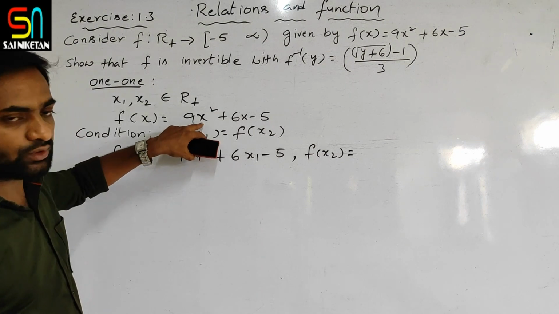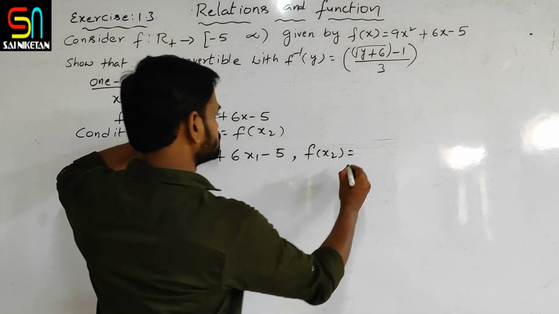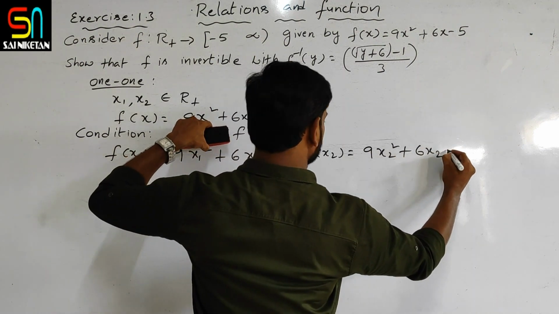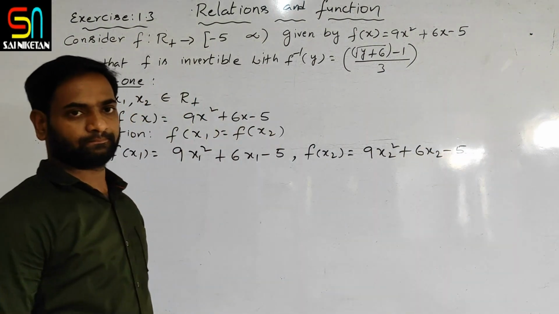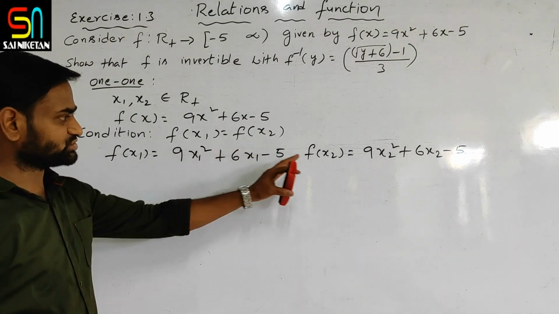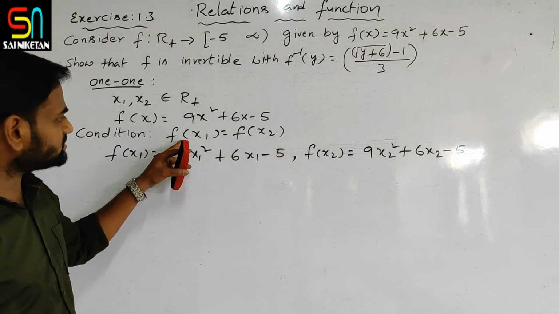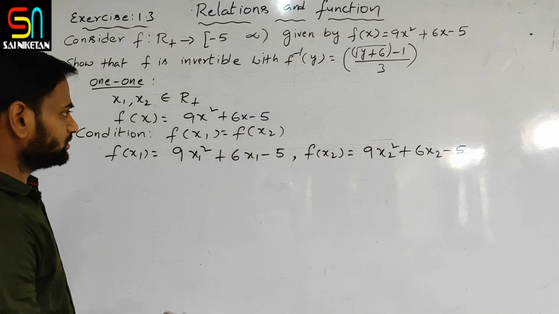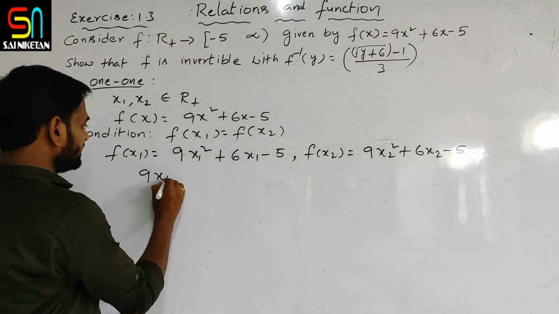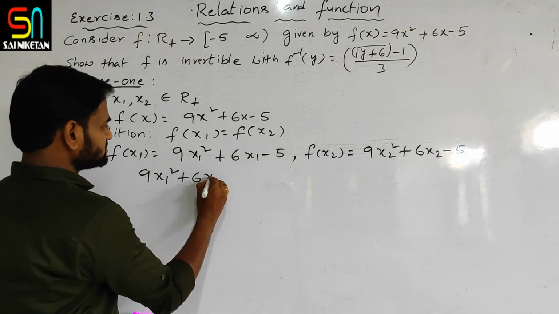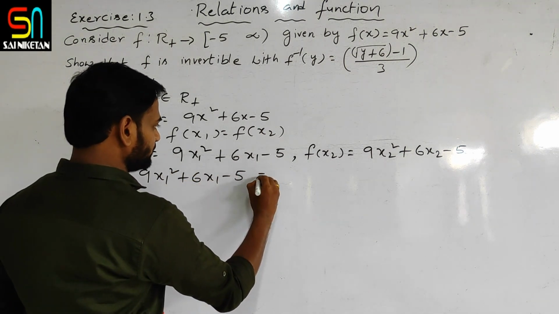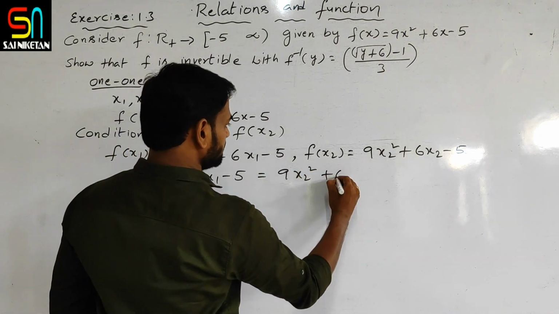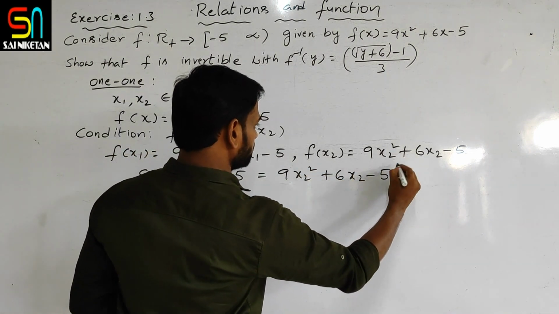Same, in place of x we have to write x2. That is 9x2 square plus 6x2 minus 5. Now equate these two functions, because the condition is f of x1 is equal to f of x2. That is 9x1 square plus 6x1 minus 5 is equal to 9x2 square plus 6x2 minus 5.